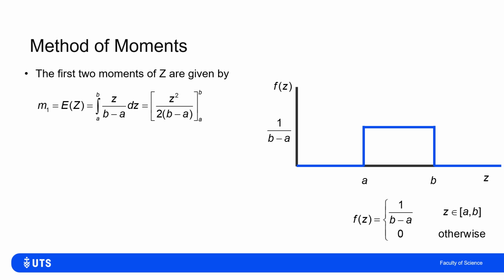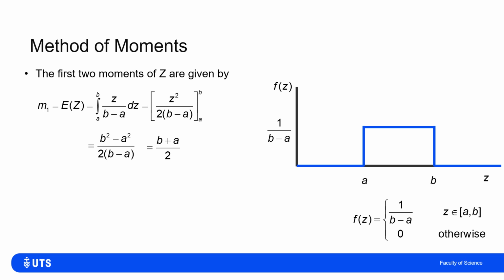Well, if I work out the first two moments of that, the expectation, I can just work out that it's the middle of the rectangle, and fair enough, it is (b plus a) over 2, so the average of the lower bound and the upper bound.